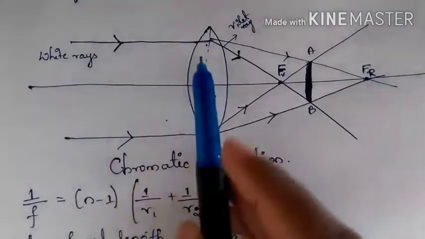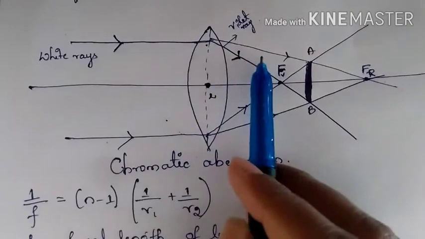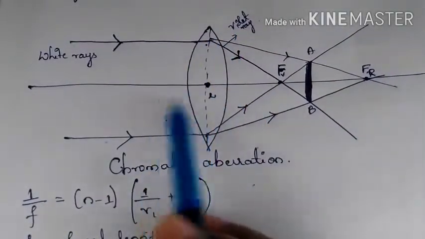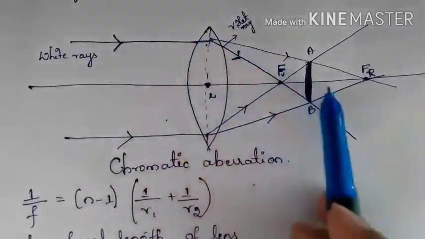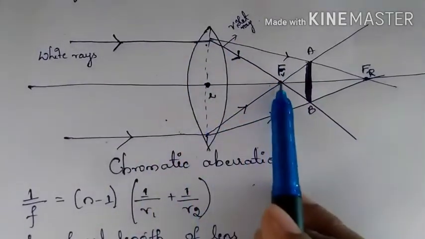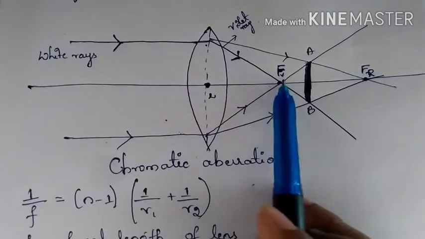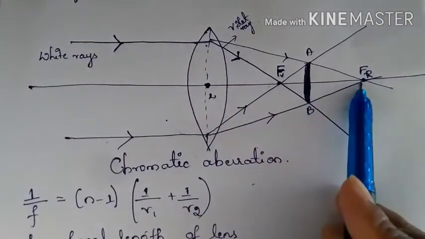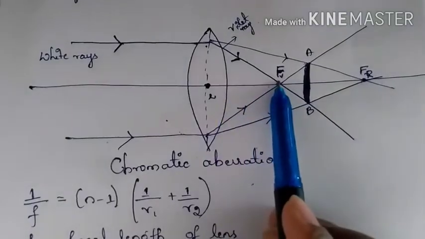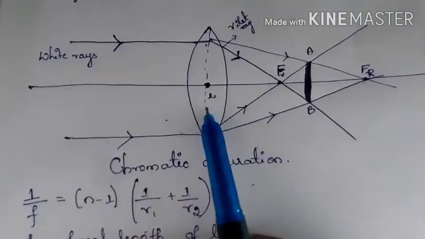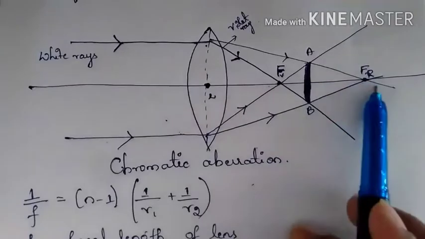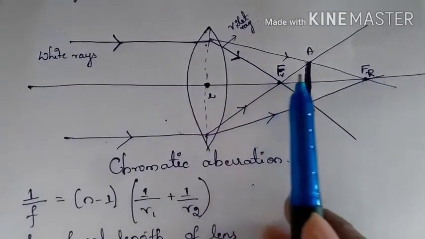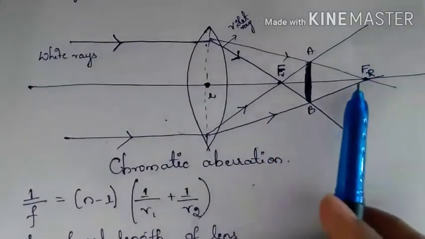So a parallel beam of white light is incident on a convex lens. So different colors will be brought to focus at different distances from the lens. So violet colored rays are focused closer to the lens, and the red rays are focused far from the lens. So the difference in FR and FV will give the longitudinal chromatic aberration.